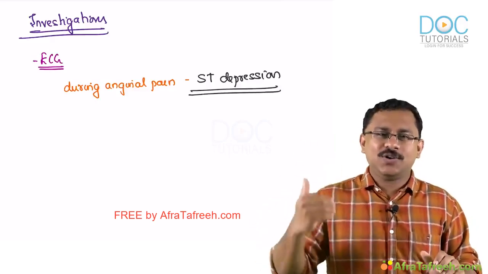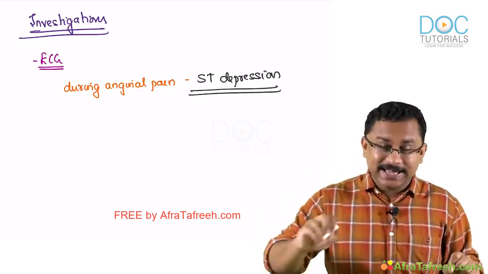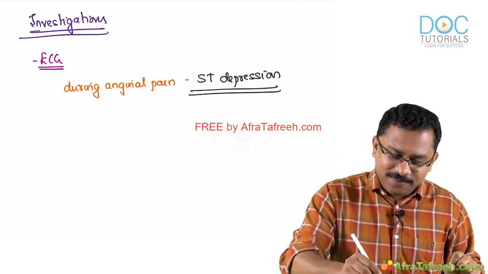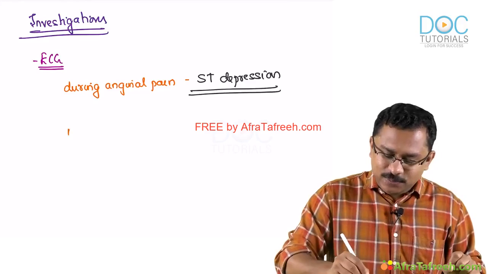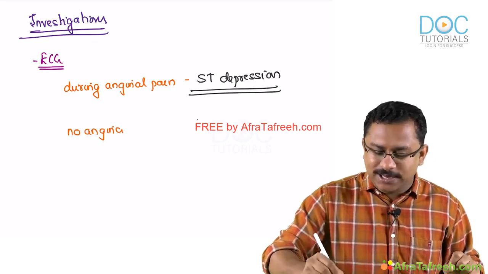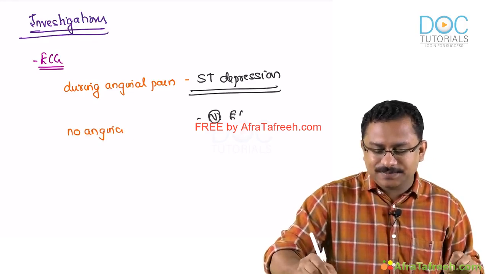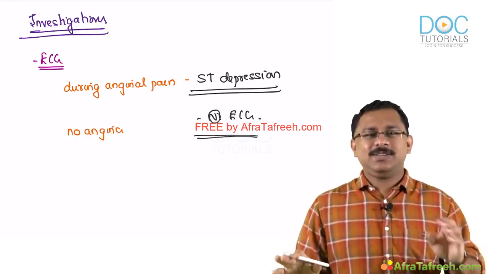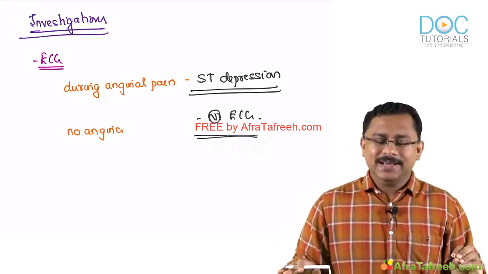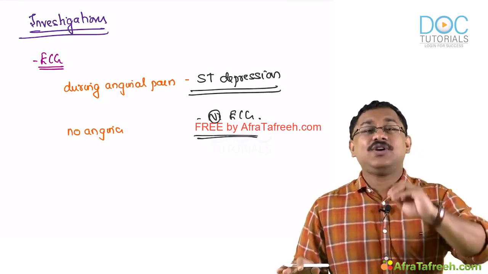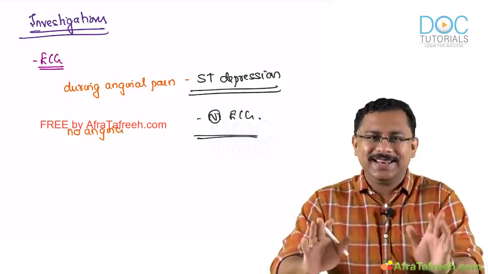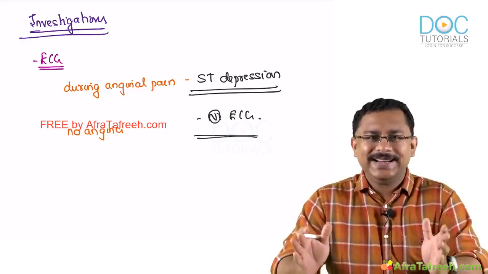He goes to the doctor the next day, takes an ECG, and finds that the ECG is normal. So when there is no angina, it is likely that you get a normal ECG, because at that time there is no ischemia happening. So the ECG will be abnormal in chronic stable angina only during the anginal episode, where you might get an ST depression.